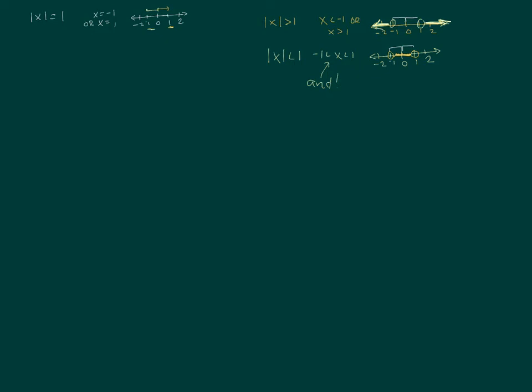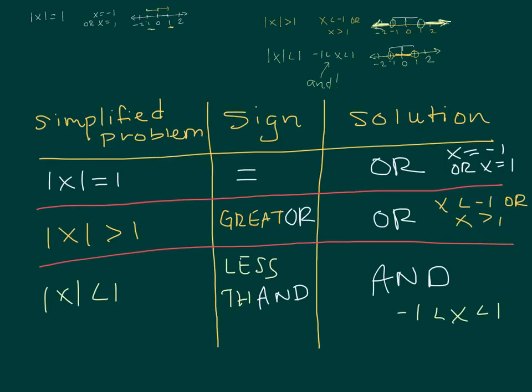So I'm going to make a chart. All right, so let's look for a moment at this chart. In the first column, I'm looking at the simplified form of this problem. In each of these examples that we looked at above, there's nothing to simplify. It's already down in its simplest form. So I just wrote in each different perspective here.